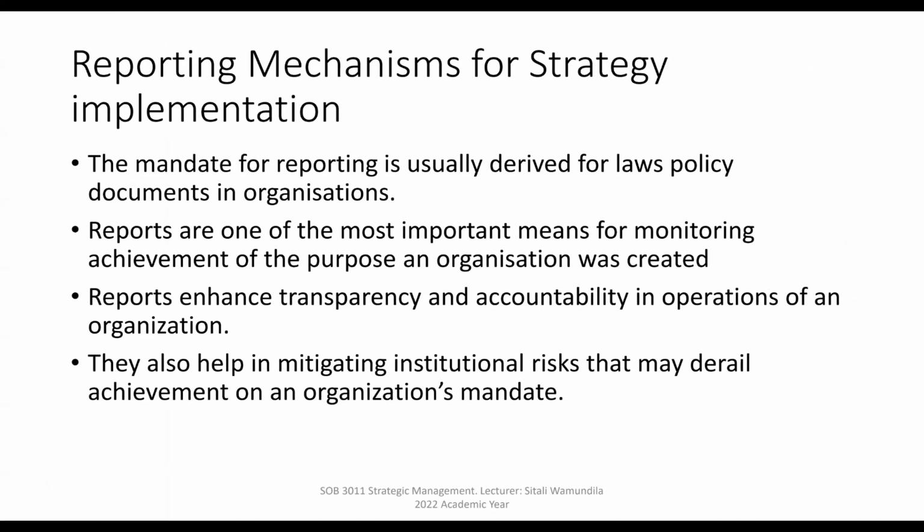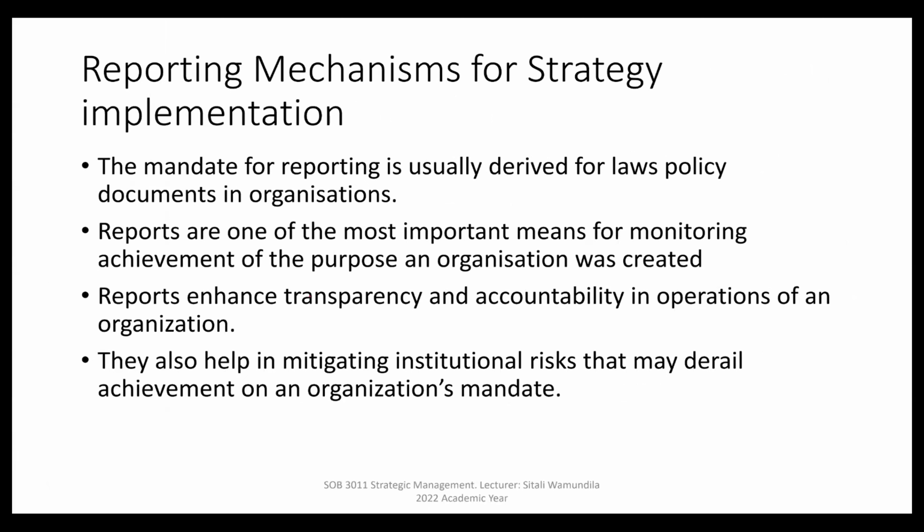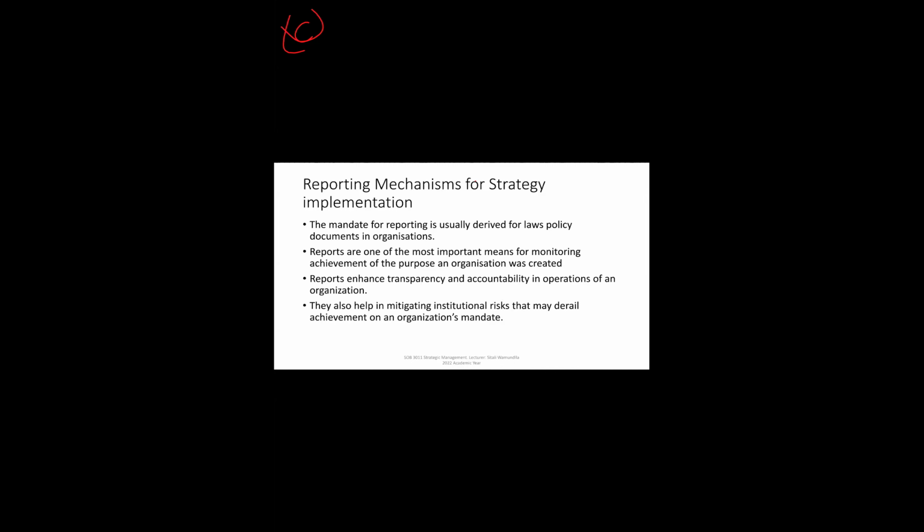I have highlighted the third basic tool that is needed for a monitoring and evaluation strategy: you need a reporting mechanism for strategy implementation. The reporting mechanism is very important as well. Maybe the question would be, who told you that we have to be reporting?